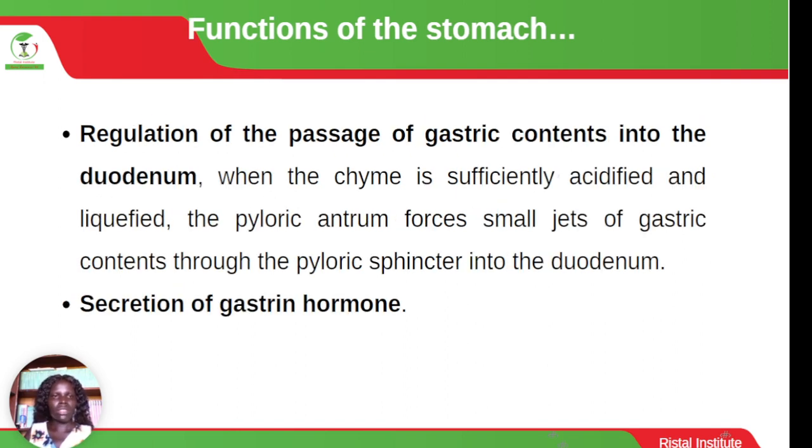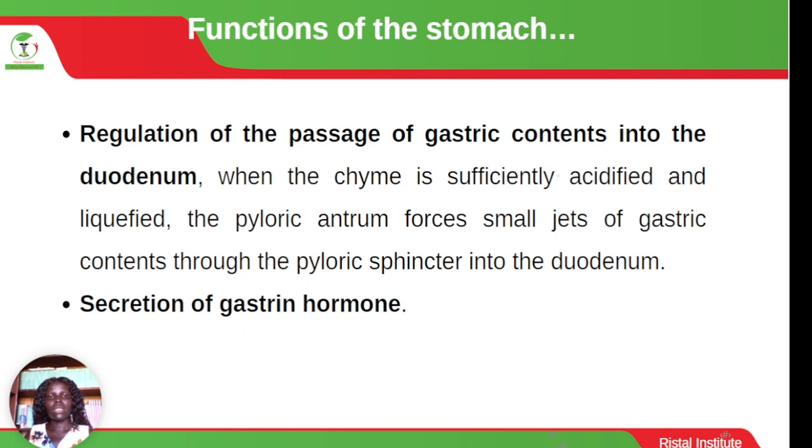Then the other function is regulation of the passage of gastric contents into the duodenum. When the chyme is sufficiently acidified and liquefied, the pyloric antrum forces small jets of gastric contents through the pyloric sphincter into the duodenum. Remember we talked about the pyloric sphincter that separates the duodenum from the stomach.